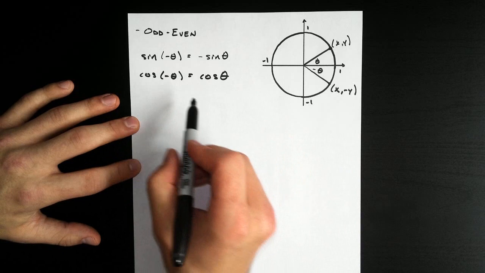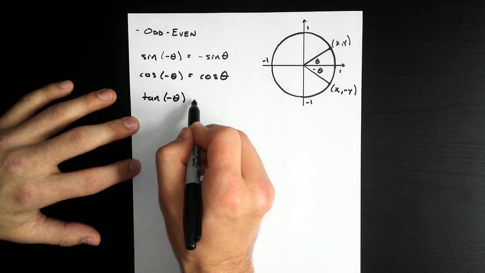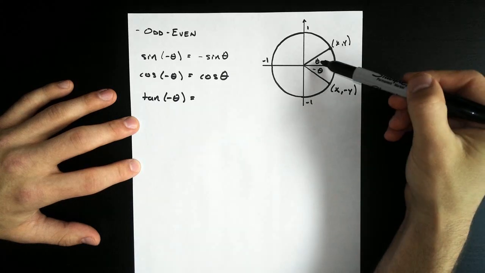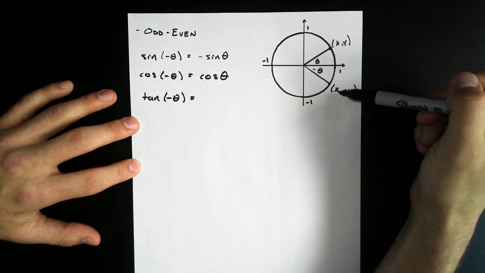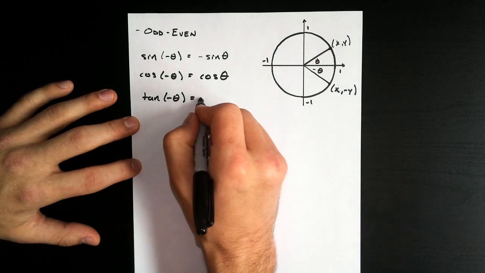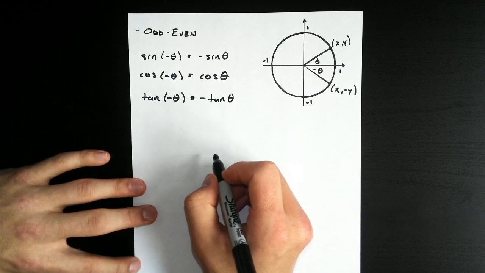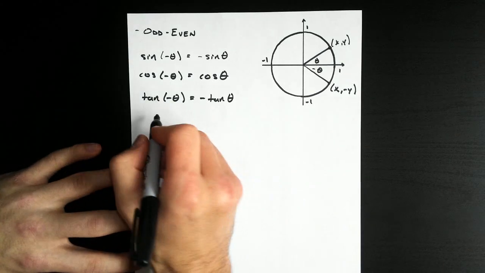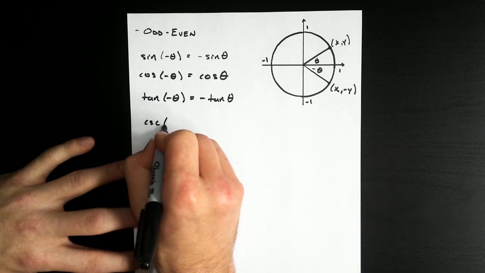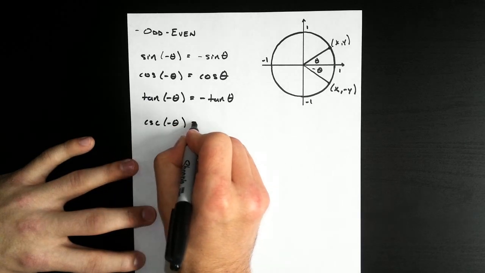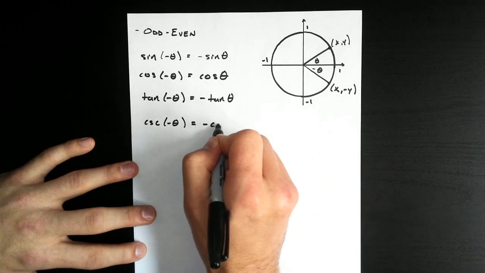Now if we extend that idea to the other ones, so the tangent of negative theta, tangent of theta would be y over x, tangent of negative theta would be negative y over x, so it's the opposite. So the negative tangent. And then our reciprocals that go with this, cosecant. Cosecant is the reciprocal of sine, so this is also odd.